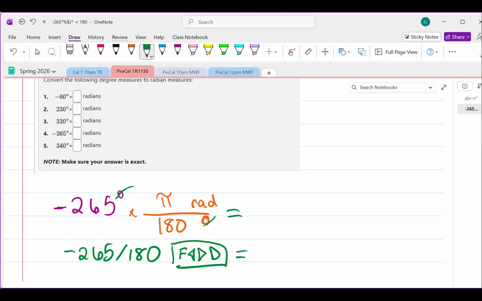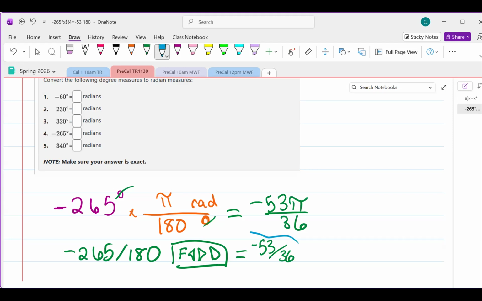I know those are both divisible by 5, so 53, and then 180 divided by 5. So it looks like 53 over 36. So this is negative 53 pi over 36.